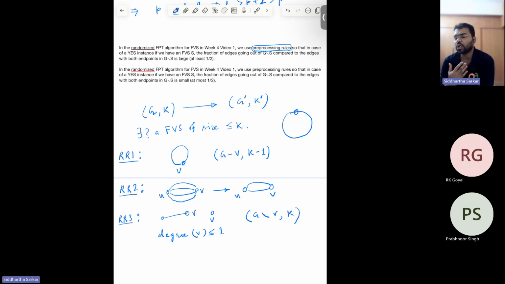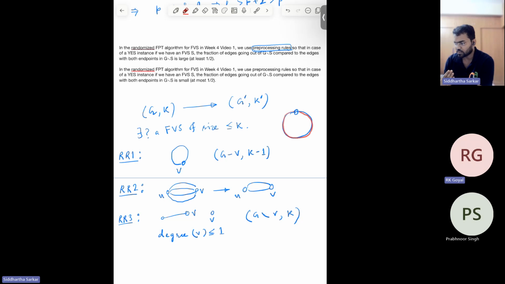So if you want to destroy a cycle, then you have to delete a vertex which is a constituent vertex of the cycle. For example, look at the cycle. So this is a cycle, and if we want to destroy the cyclicity here, then a vertex which is part of this cycle should be deleted.